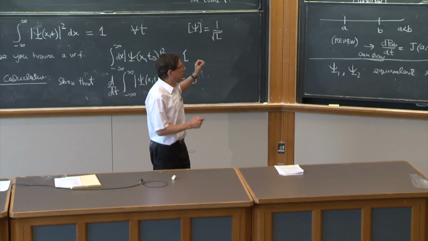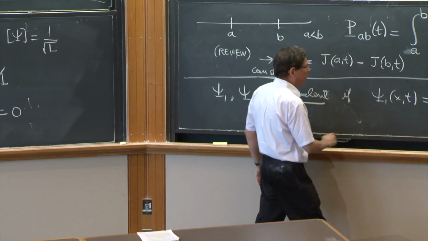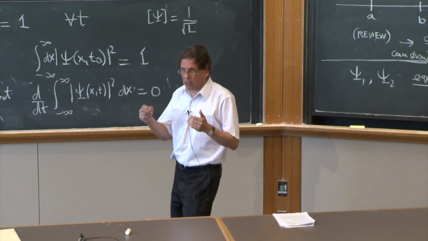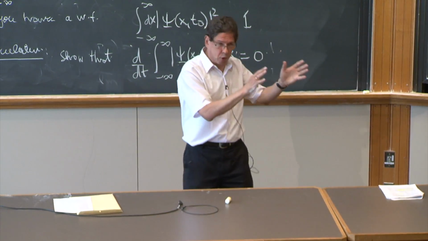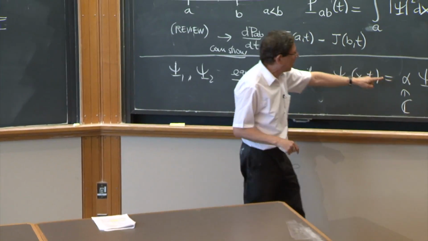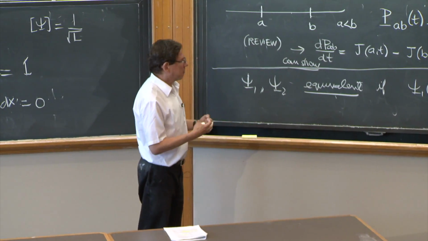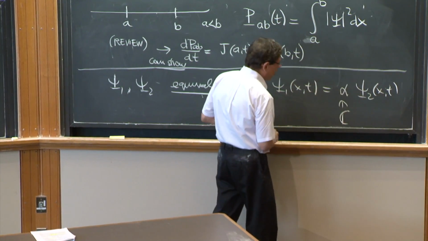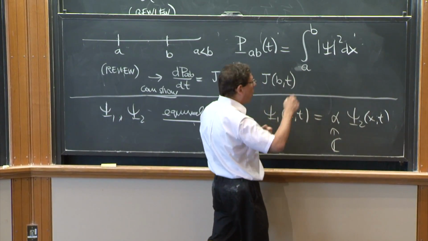The definition of the theory is that these wave functions are really physically equivalent and indistinguishable, and that puts a constraint on the way we define observables. Any observable should have this property, that whether we use this wave function or the other, they give you the same observables. So if your wave functions are normalized, this can be a complex constant of length 1.